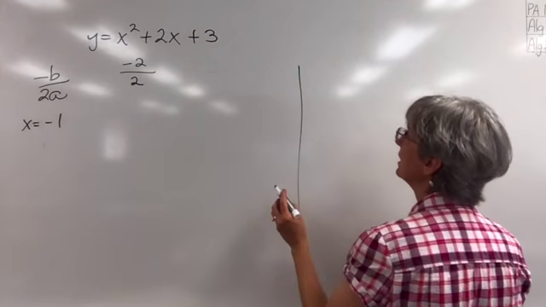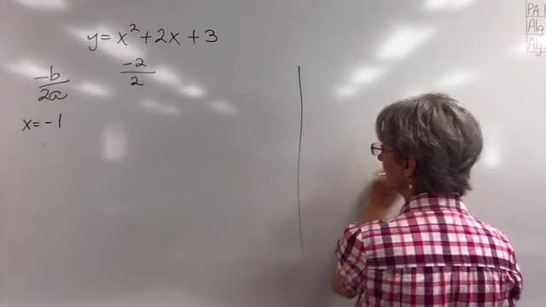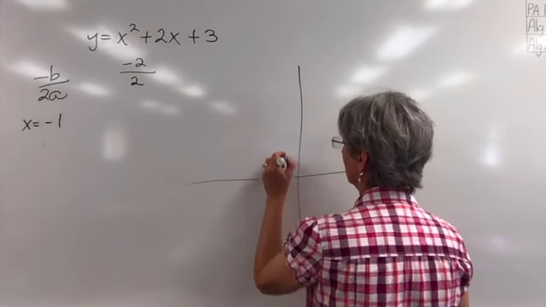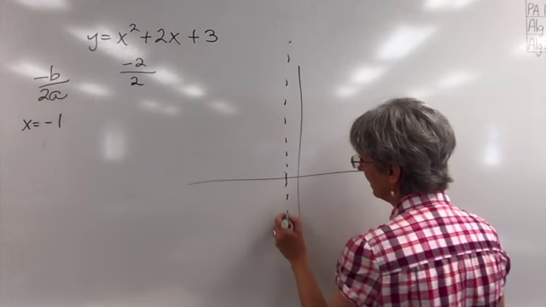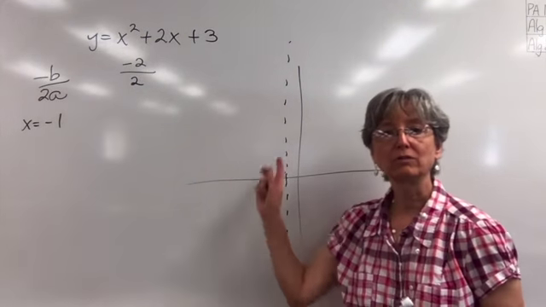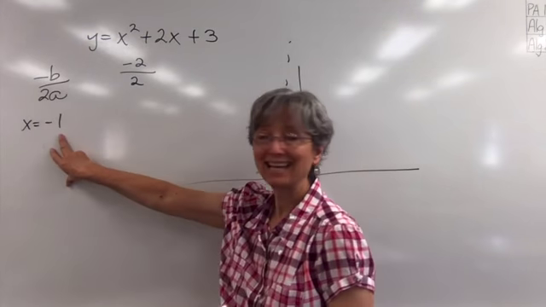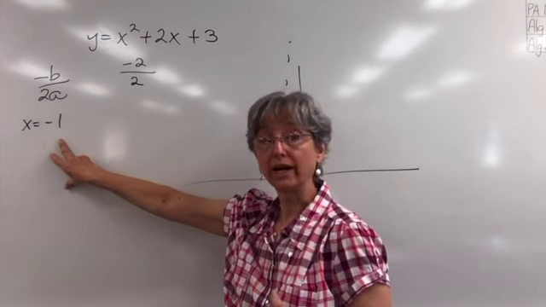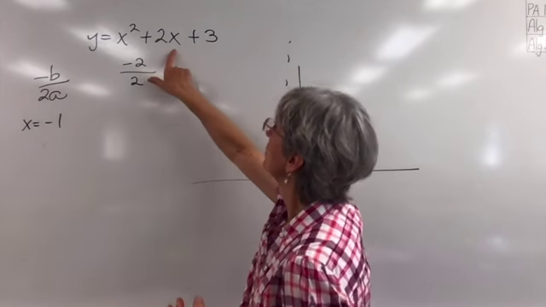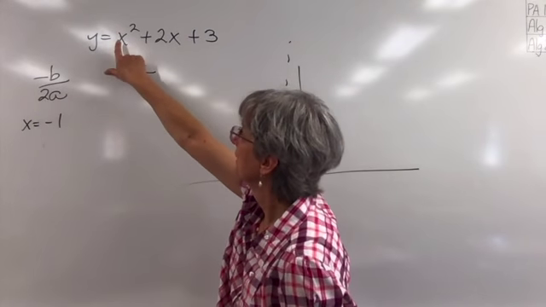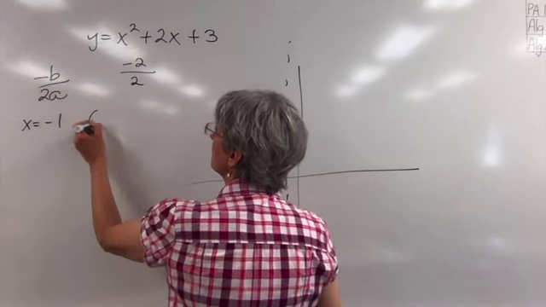So if we already started to graph this, we know that's going to be right down the middle of our parabola, negative 1. Do you see that? So now we're going to make x negative 1 to see what the y of our vertex is. So if I make x negative 1, let me just write it out.